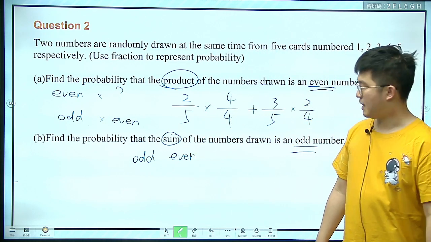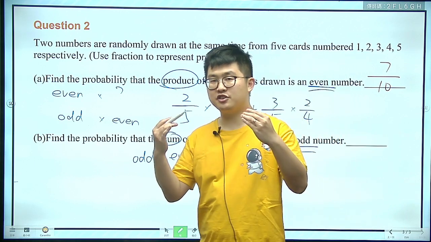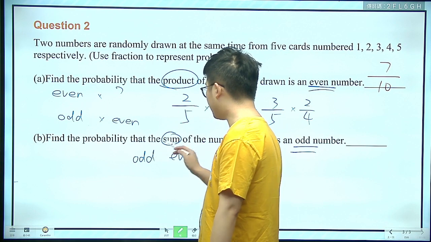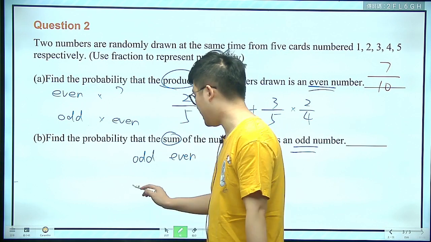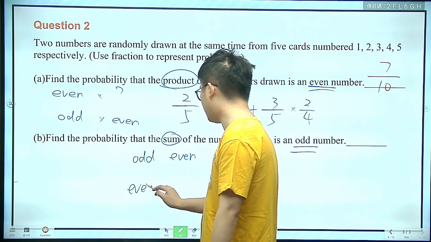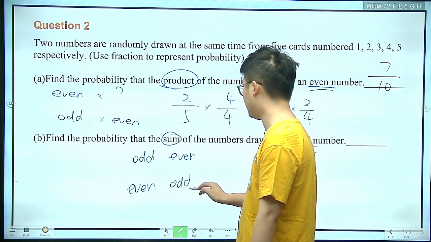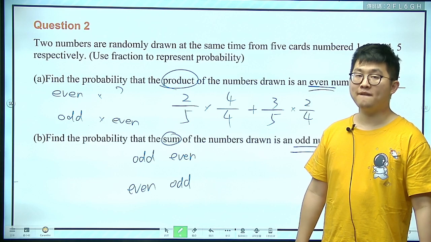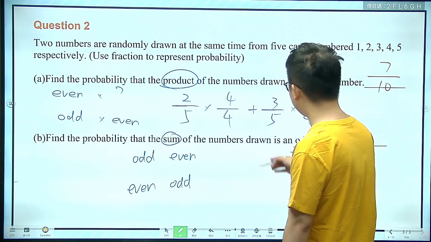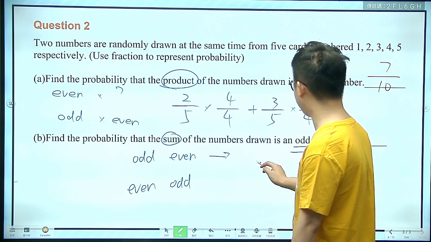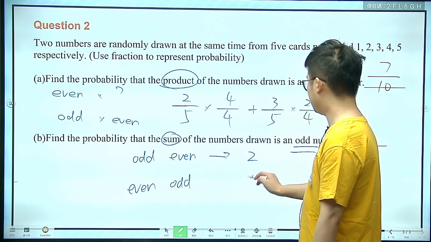If we imagine that we do this one at a time, odd first, even second is okay. But also if we draw an even number in the first place, then we need an odd number.